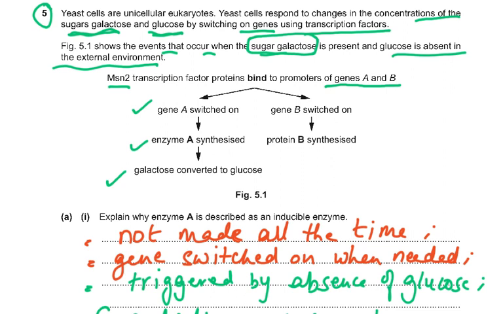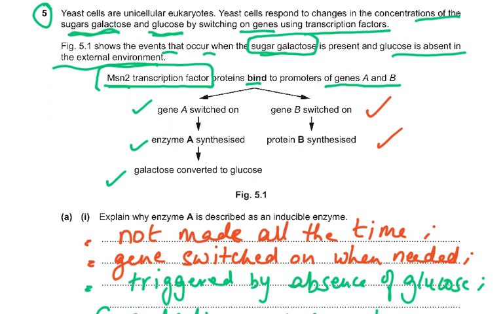In the other situation, gene B is switched on and protein B is synthesized. So please read the question and understand it. MSN2 is a transcription factor protein which binds to promoters of genes A and B. So when it binds to the promoter, naturally mRNA will be made, and transcription and translation will take place.